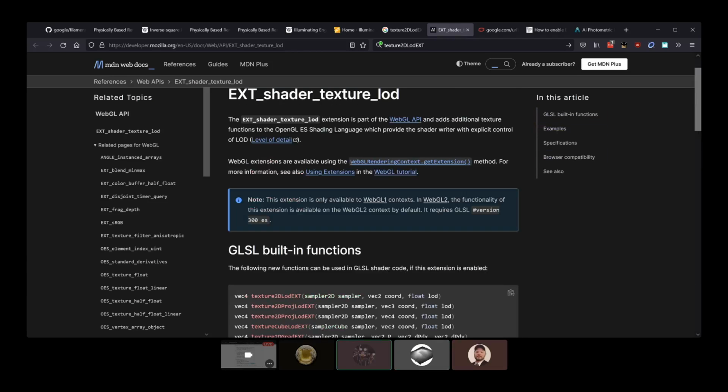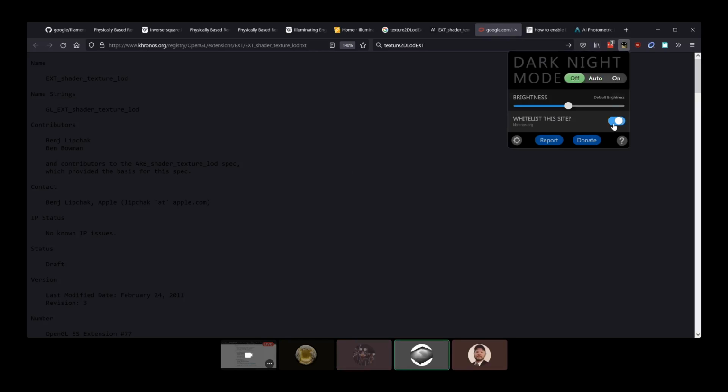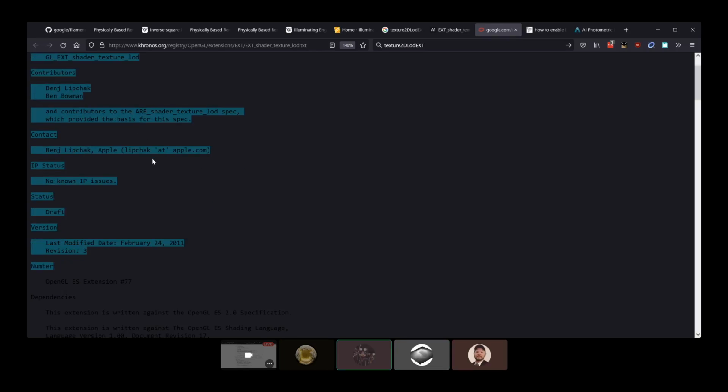I'm guessing it's not in regular OpenGL ES or GLSL ES. Oh god, the dark mode. You have to refresh the page to make it update.